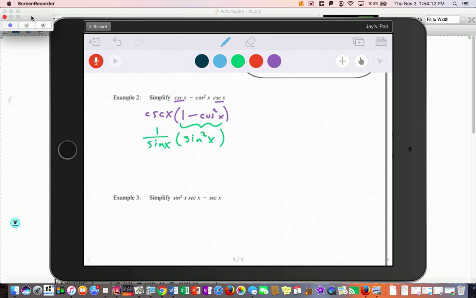So if you're going to multiply these two together, you can put that over 1, and you end up with sine squared of x over sine of x. Or you could just cross 1 off, just like you would here. You're still left with sine of x on top, 1 on the bottom, or sine of x.